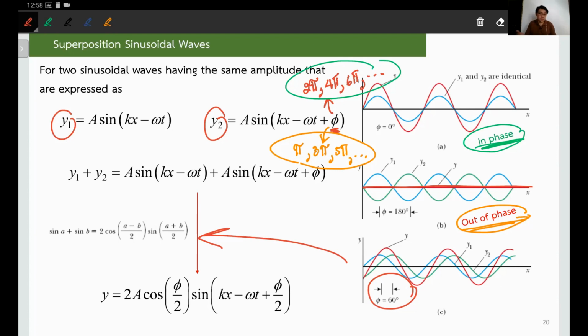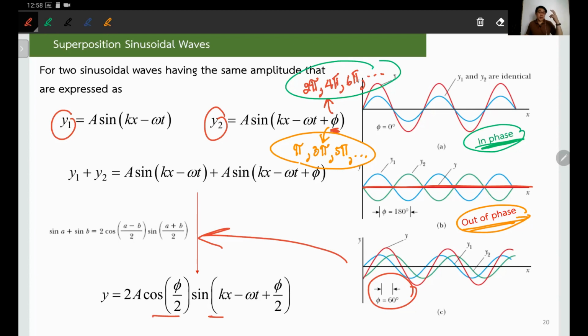You just add two waves together and then you can use a trigonometric identity: sine A plus sine B equals 2 sine of the sum over 2, cosine of the difference over 2. This is something that you can refer to in the formula table all the time. And then you can just crank up the numbers and get the final wave combination.